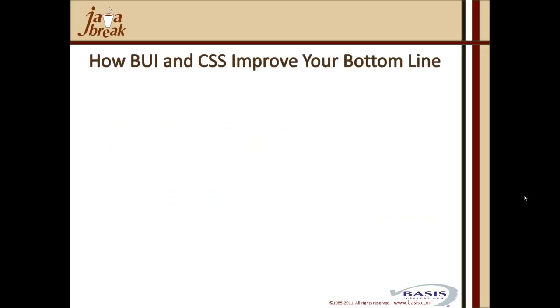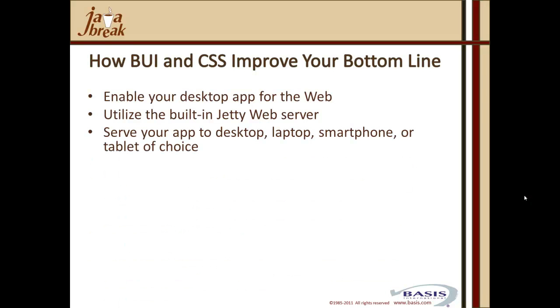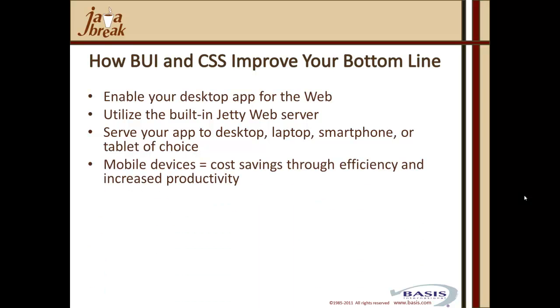So that's a classic example of how BUI and CSS can improve your bottom line. It enables your desktop app for the web. It utilizes our built-in Jetty web server that we bundle with our product. You can serve your app to the desktop, to the laptop, to a smartphone, or tablet of your choice anywhere in the world.